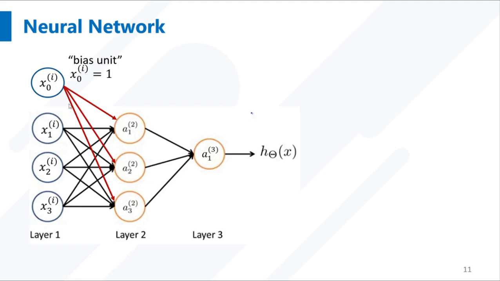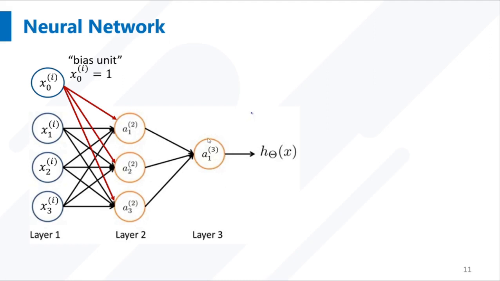give output to other nodes, which are called a1, a2, a3. This is the second layer, with superscript 2. These are called activation units. The output of these activation units becomes the input for the next layer.